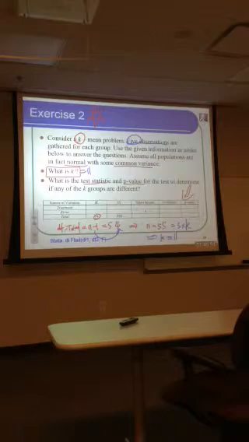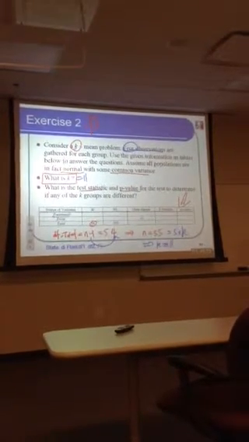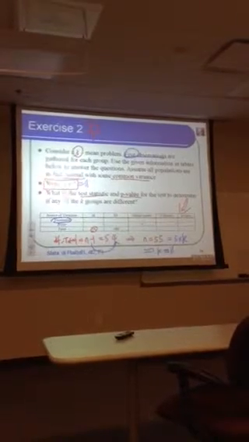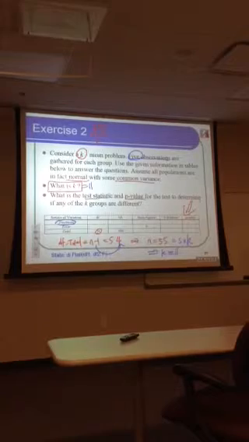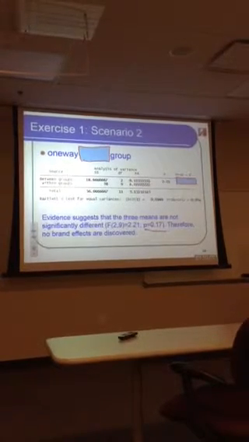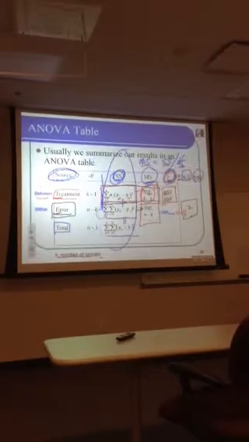Now, once we know the value of K, the degree of freedom for treatment equals K minus 1, where K is the number of groups.